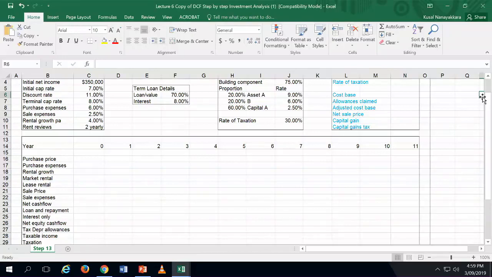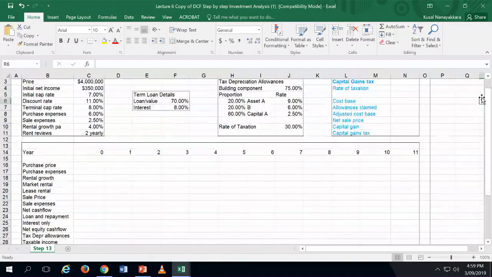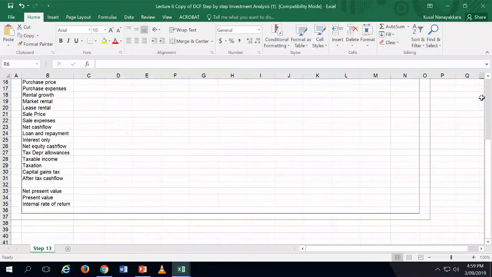When we are calculating the value of the property in year 11, do we also subtract depreciation from the net operating income and then calculate the value on that? Yep, because we can claim tax depreciation even for the last year, but up to year 10, not year 11, sorry. Our investment period is 10 years.